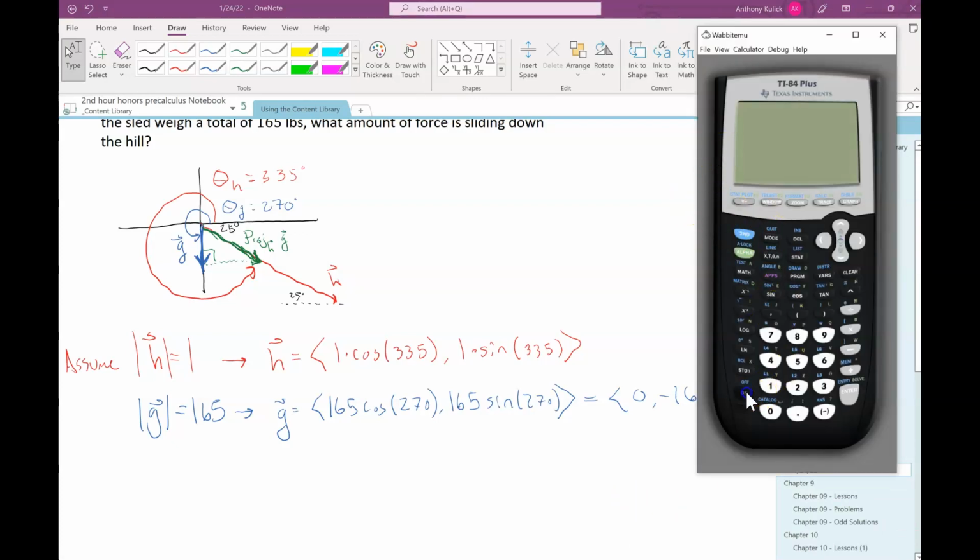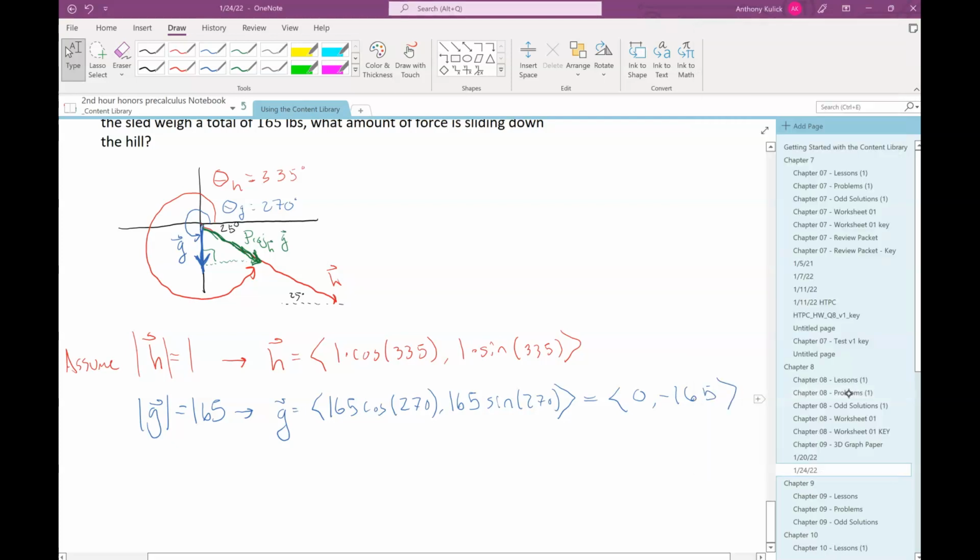And then cosine of 335. And then sine 335. So 906 and negative 423.